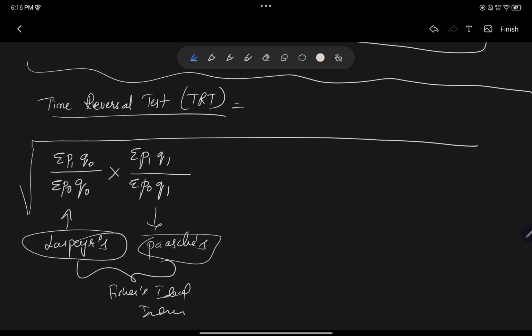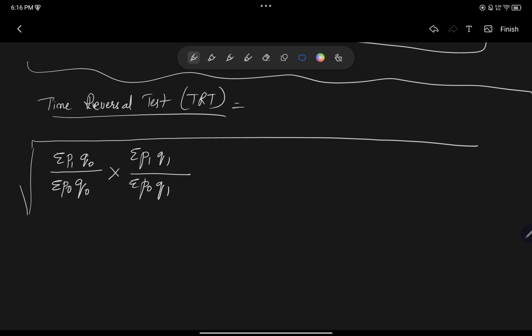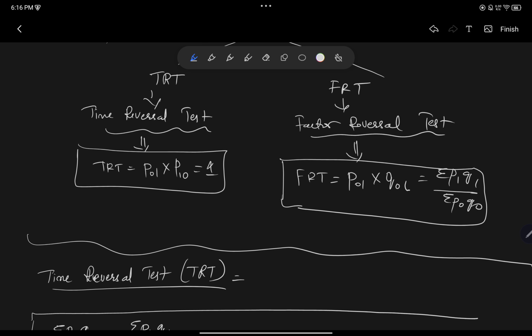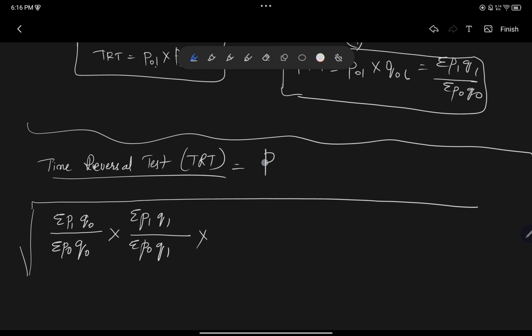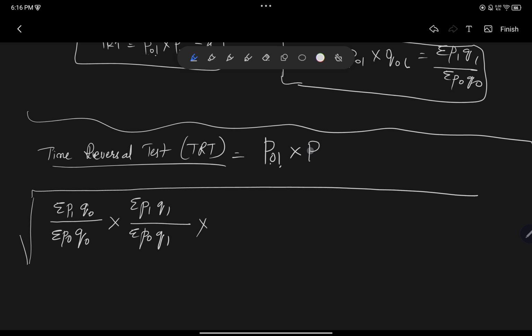Correct or not? Right. So now, what do we need to do? We need to change the time. We need to reverse the time. Reverse the time means, here you can see P01 means 0 is base year, 1 is current year, into P10.